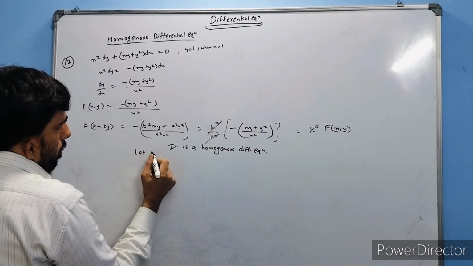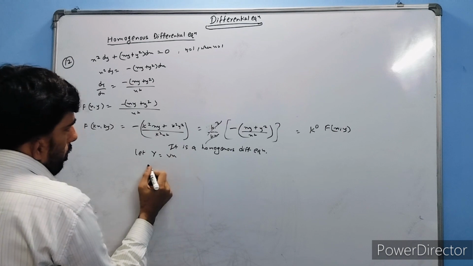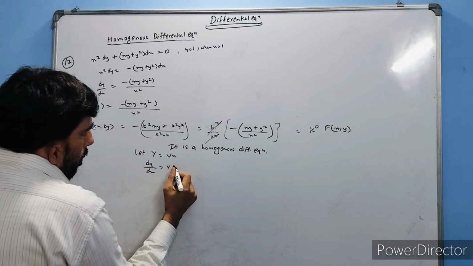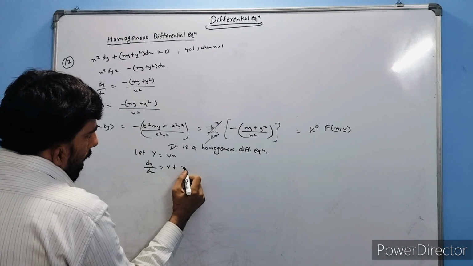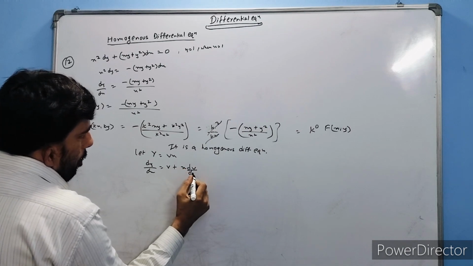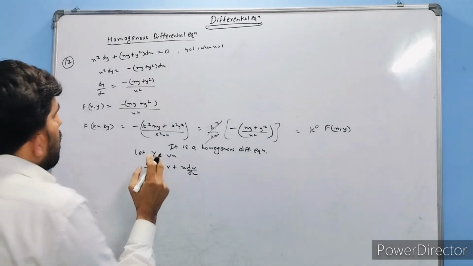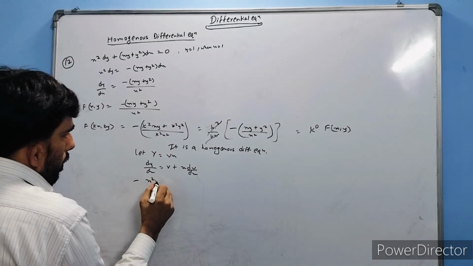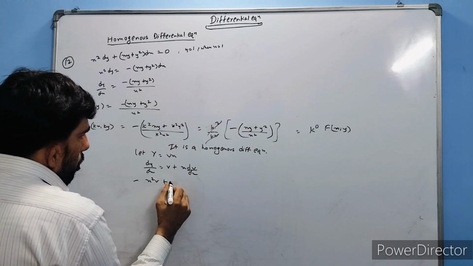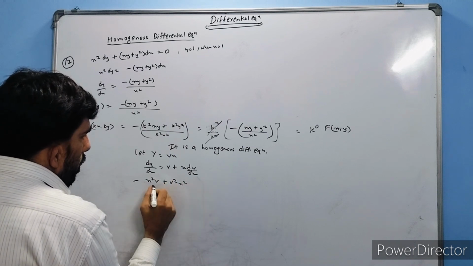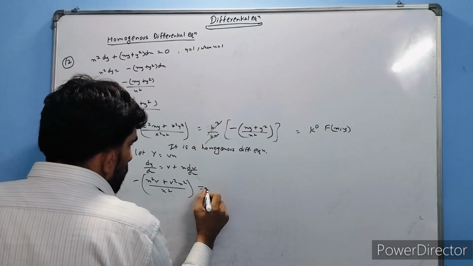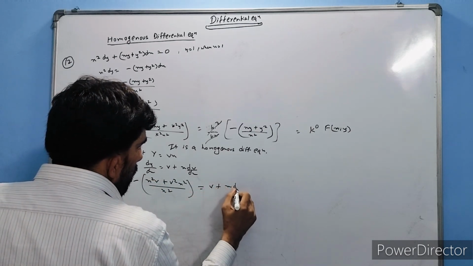So now I will try to solve. Let y is equal to vx. Now dy upon dx is equal to v plus x dv upon dx. Now try to put the value of dy upon dx. What we have? Minus x square v plus v square x square upon x square is equal to v plus x dv upon dx.